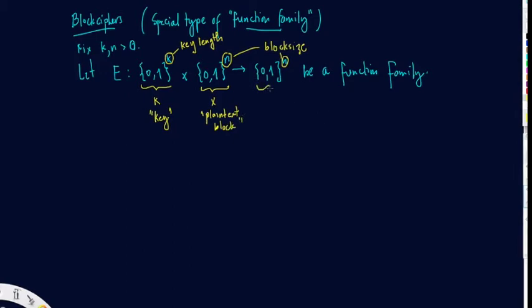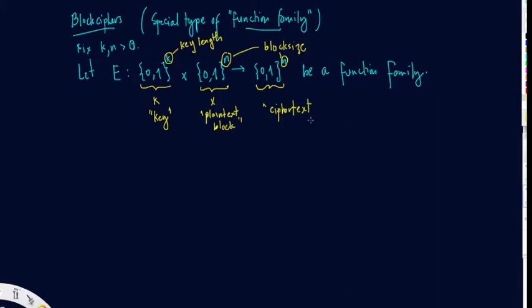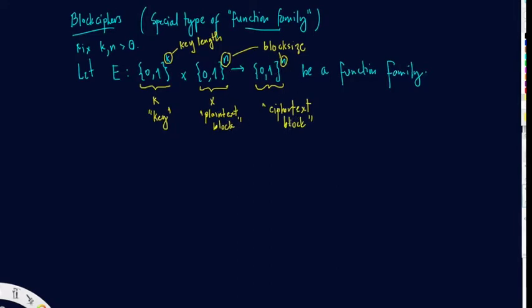And this here is referred to as the ciphertext block. So we've got a function family E that takes in a k-bit key and an n-bit plaintext block, or just block, and it outputs an n-bit ciphertext block, or again just block.